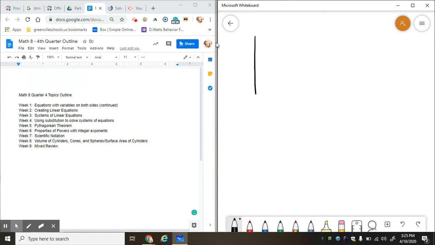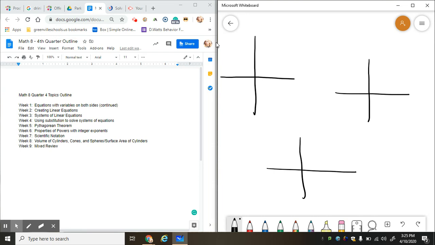So in math, there are 3 different solutions for lines.